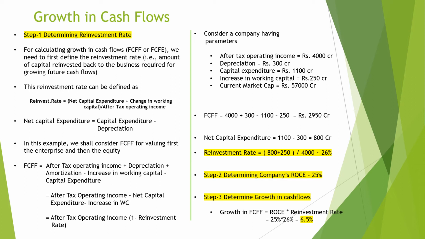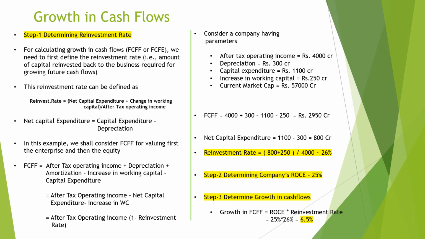I'll go to the right-hand side of the slide, where these are the few parameters we have discussed for our hypothetical company ABC. The company has an after tax operating income of, let's say, 4,000 crores, and a depreciation, which is an accounting expense rather than a real expense, of 300 crores.